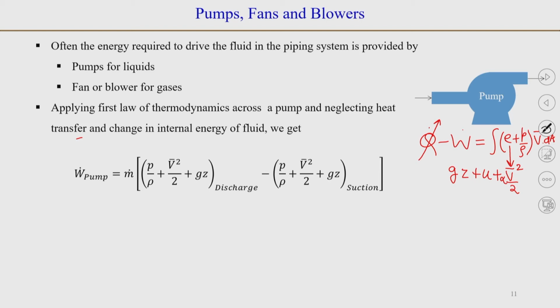So, that is why you have on this side W dot pump, and this we can simplify: we can take the integral out, rho V dot dA can become m dot, and there will be a minus sign at the inlet, which we call the suction side. So, where the flow comes in, or where the pump takes the flow, we call it suction side, and where the pump discharges the flow, we call it discharge side.